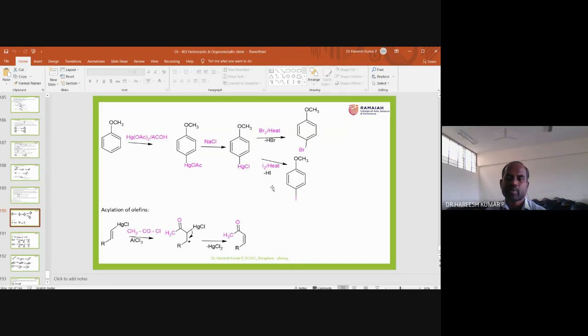HgICl is the byproduct. In the other, HgBrCl is the byproduct that will go out. So this product is obtained: methoxyphenyl bromide, methoxyphenyl iodide.